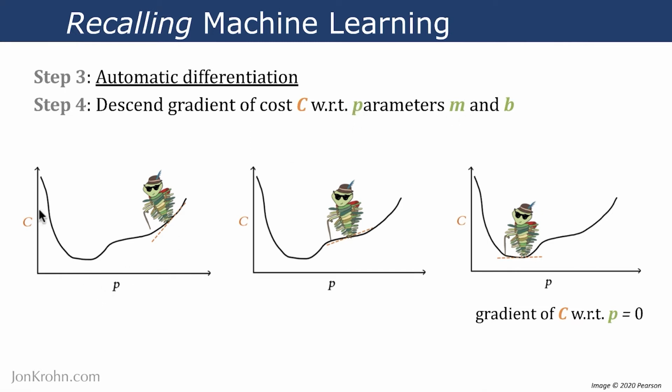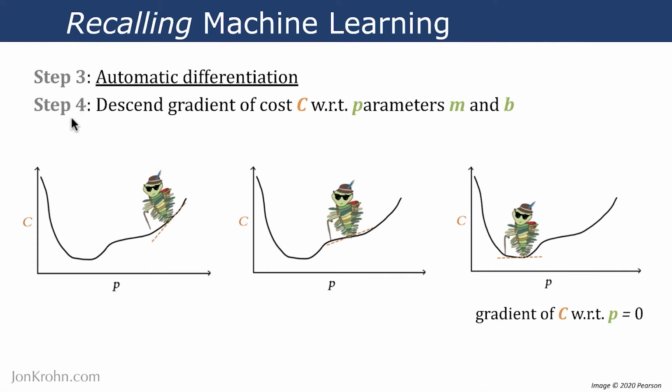And so here is an example of a cost versus parameter curve. At any given point in time, based on the model parameters that we have and the data that we have, we calculate this gradient, this slope of cost with respect to our model parameter, this slope here.